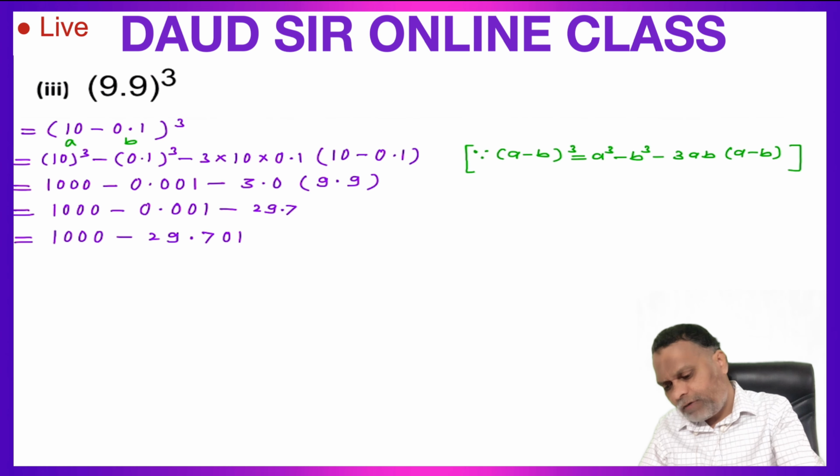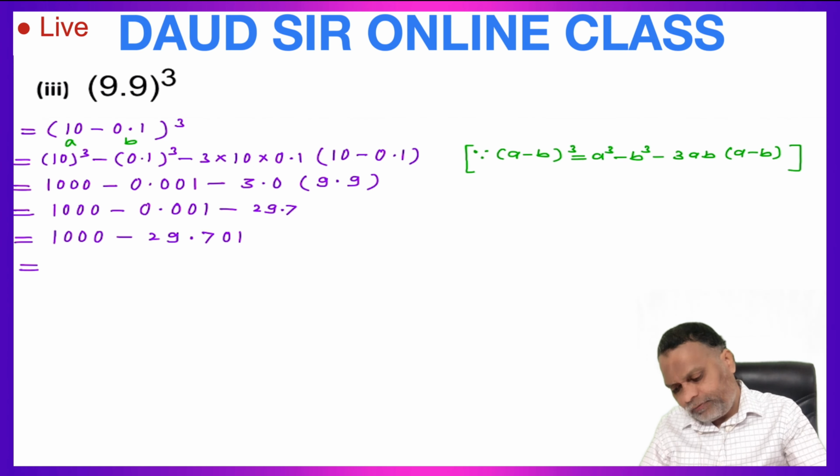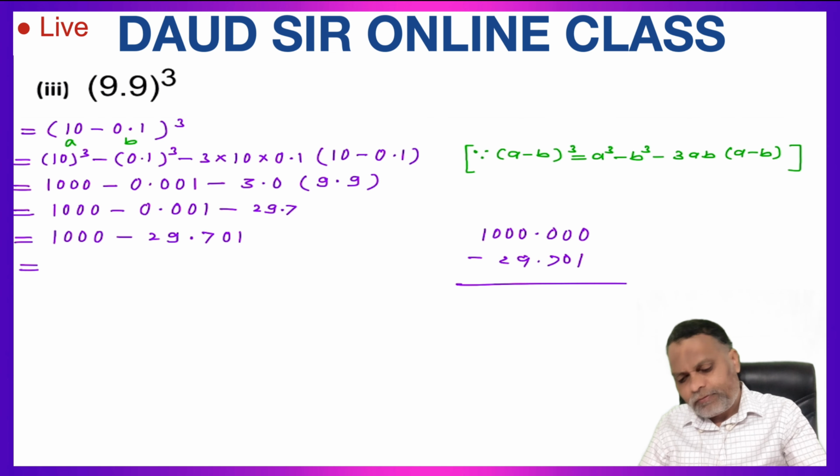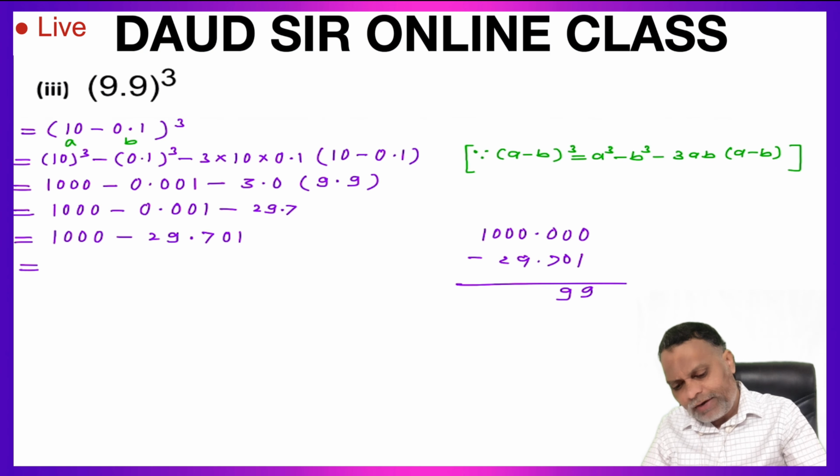Now subtract this from 1000. So 1000 minus, put zeros, 29.701. Borrow 1, 10 minus 1, 9. This is 9 minus 0, 9. 9 minus 7, 2.